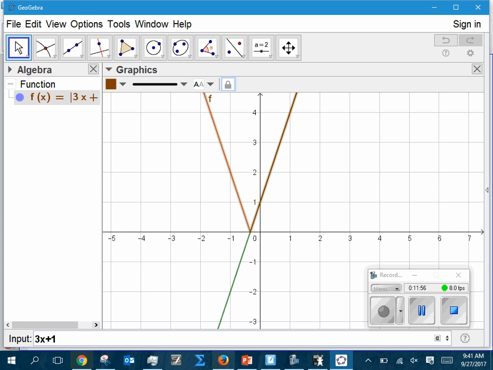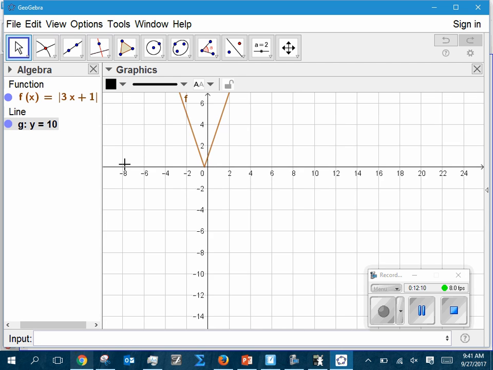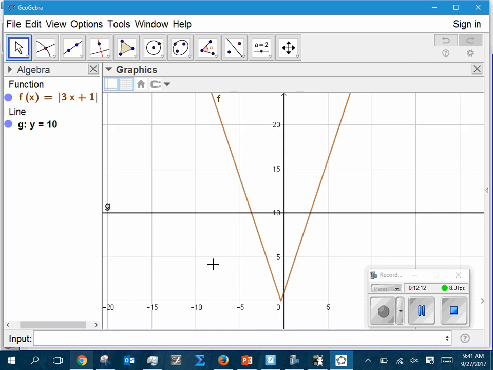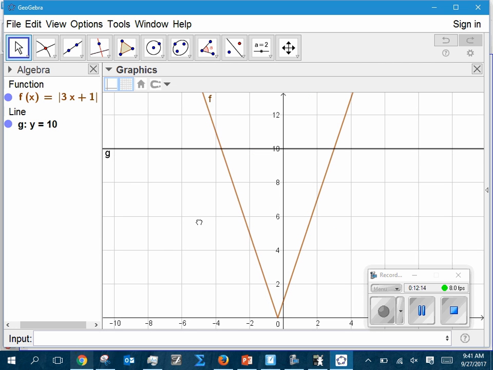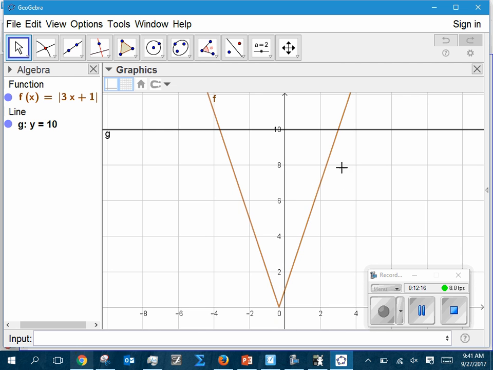But now the question is, when does that thing equal 10? Well, the right-hand side of my equation is now 10. Let me zoom out and get that picture on here. We're interested in the x values of those two intersection points.